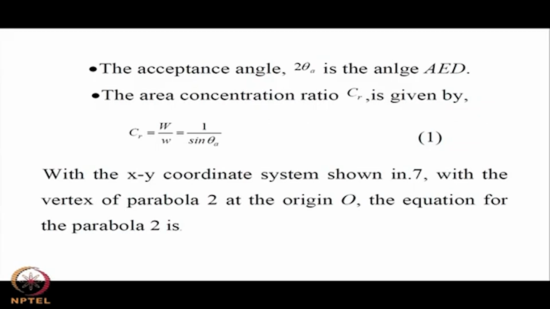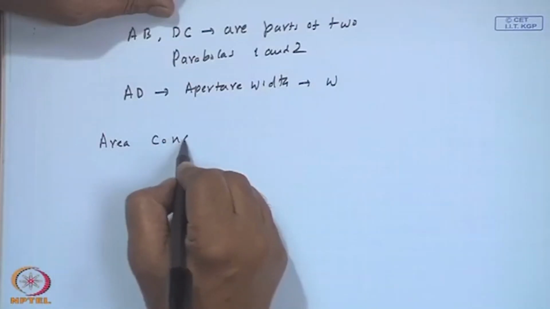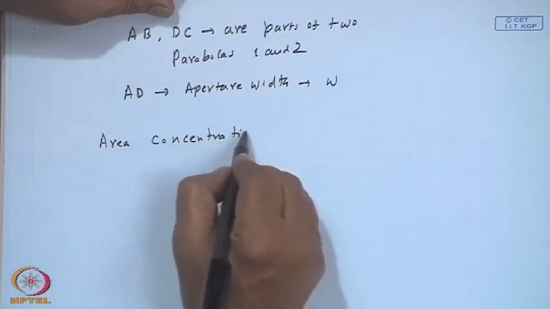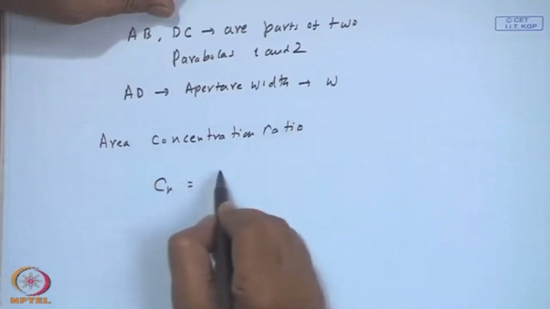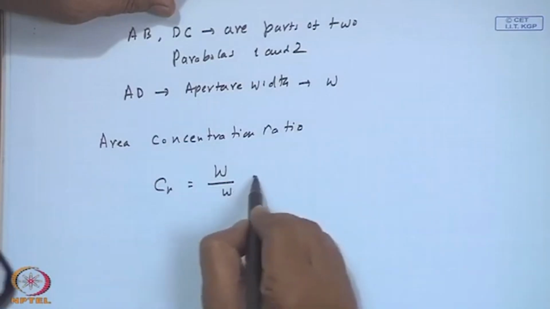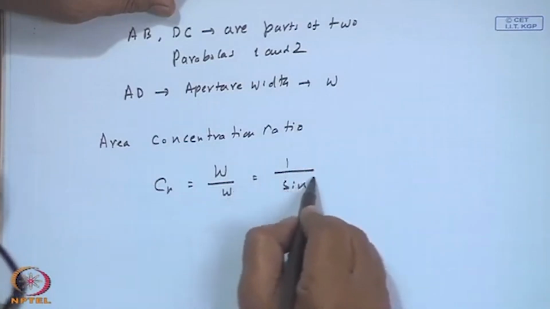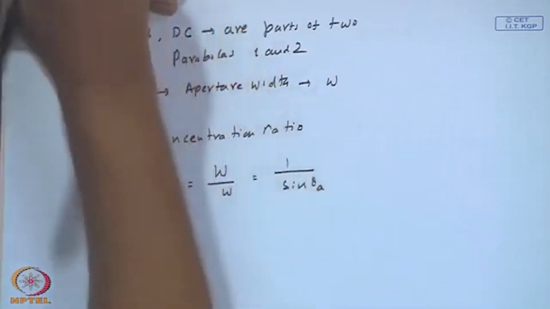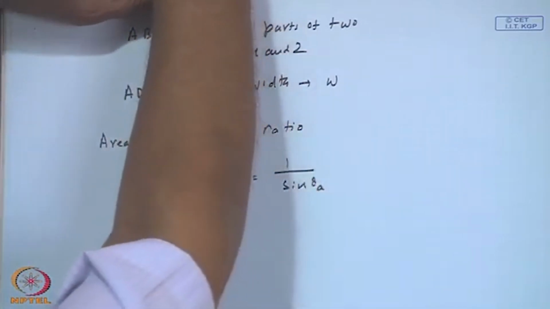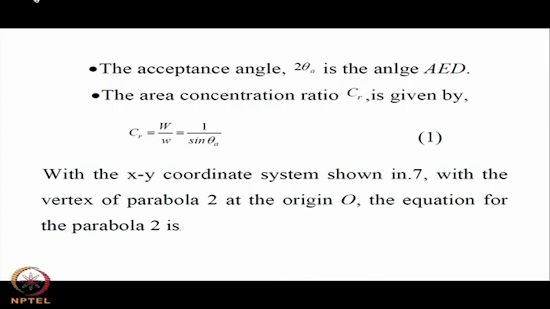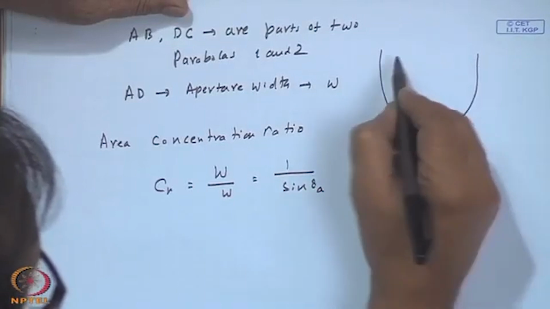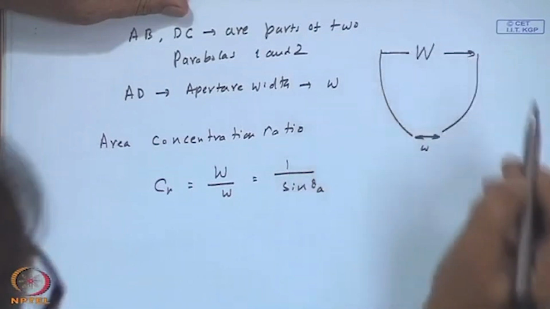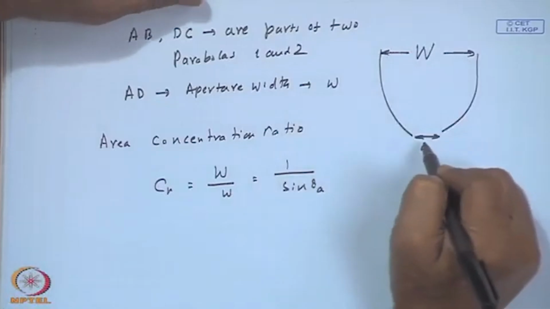Then the area concentration ratio CR is W upon small w, which is 1 upon sin theta A. So, you can see small w is the width at the focal point distance.